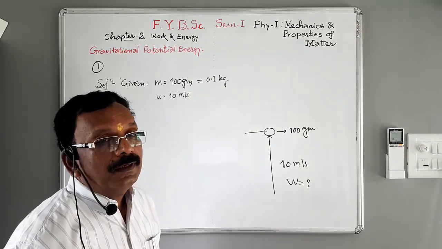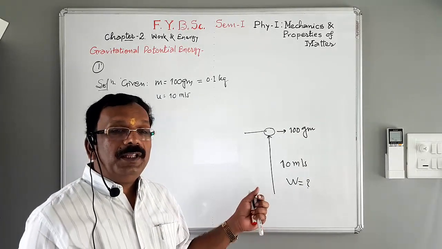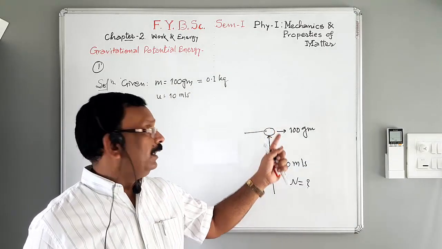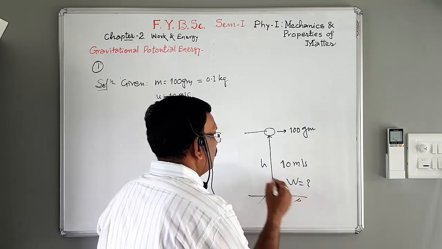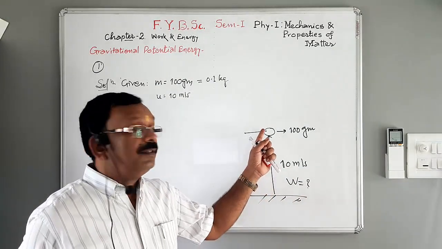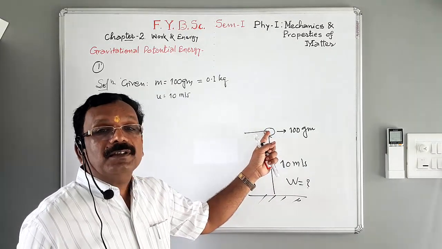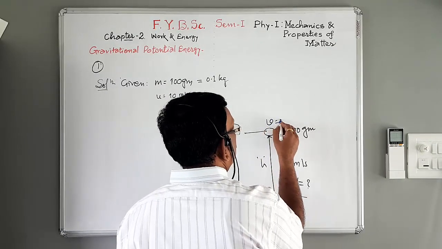Okay. Now see here, when the body reaches the maximum height h, suppose this is the ground surface, this is the height. When the body reaches some maximum height h, at this point the velocity is 0. Final velocity is equal to 0.